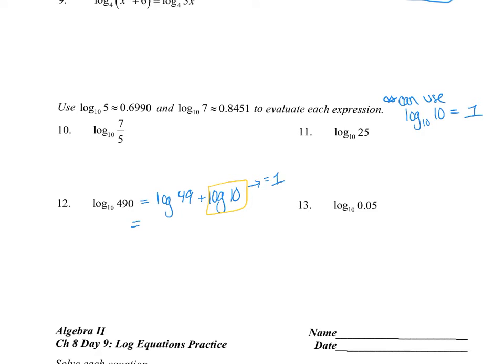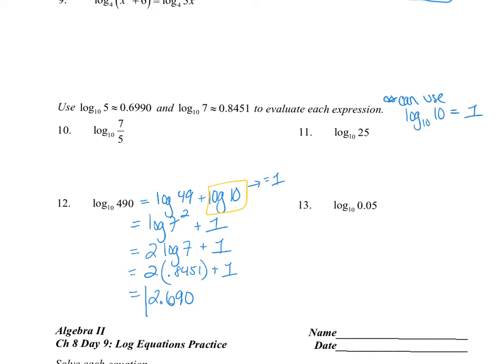So I'm going to rewrite this as the log of 7 squared plus 1. And remember your power rule. Bring that exponent into the front, 2 times the log of 7 plus 1, and then just substitute in 2 times, instead of the log of 7, we're going to write 0.8451, add 1 to that, and I end up getting 2.690.